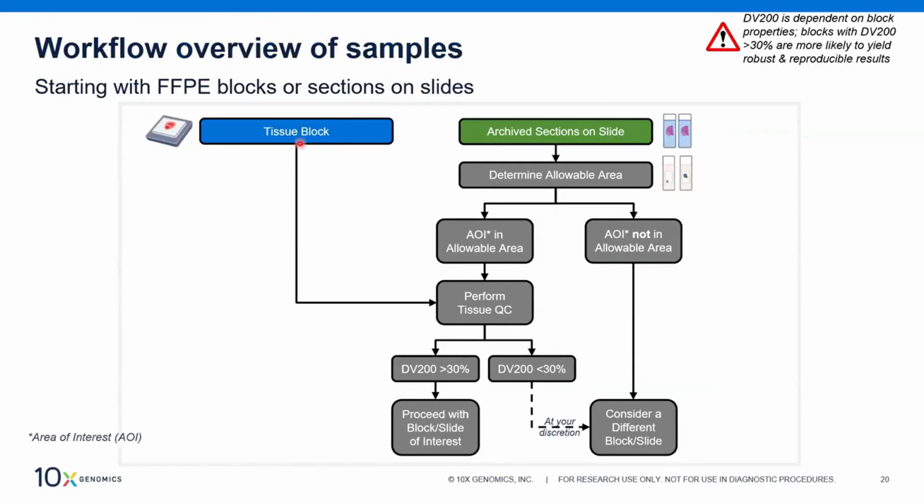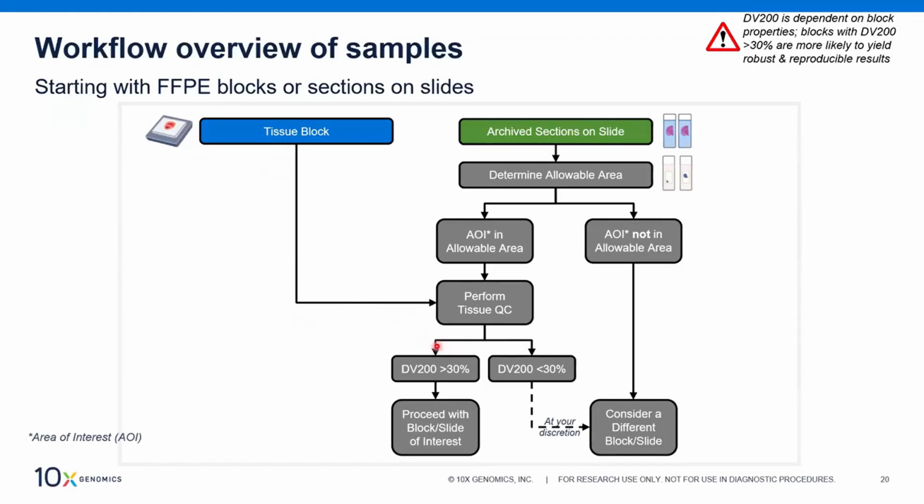But of course you don't need to start with an FFPE block, but you can start with an FFPE block if you have them available. So once you start out with a block, the first recommended step to take is to perform tissue QC. What that means is basically you can cut a section onto a normal slide and see, okay, does this block even look nice enough for what I want? And then what we recommend is to run a DV200 analysis.